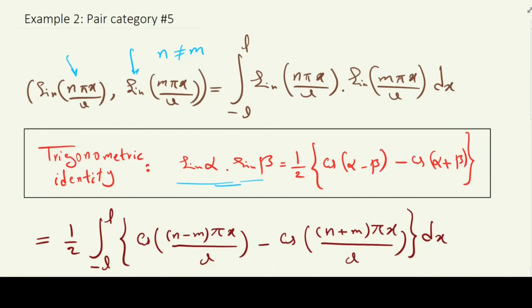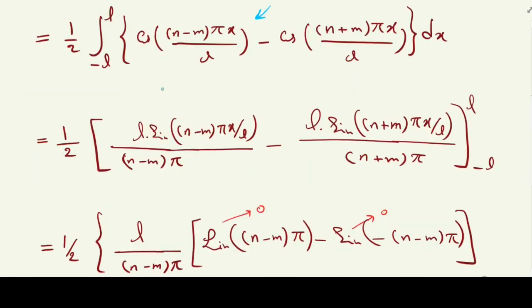Using this identity, the product can be rewritten as cosine of alpha minus beta, which is n minus m times pi x over L, minus cosine of the summation of these arguments, which is n plus m times pi x over L.